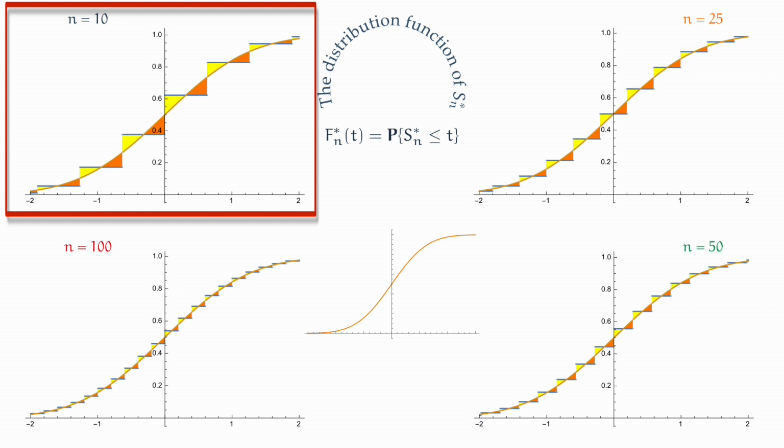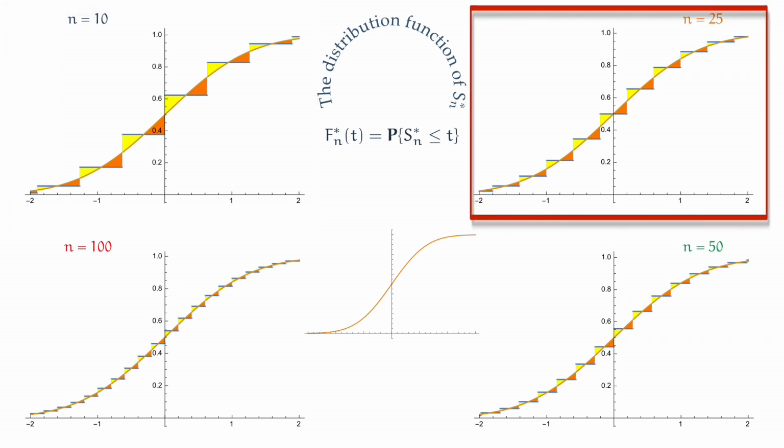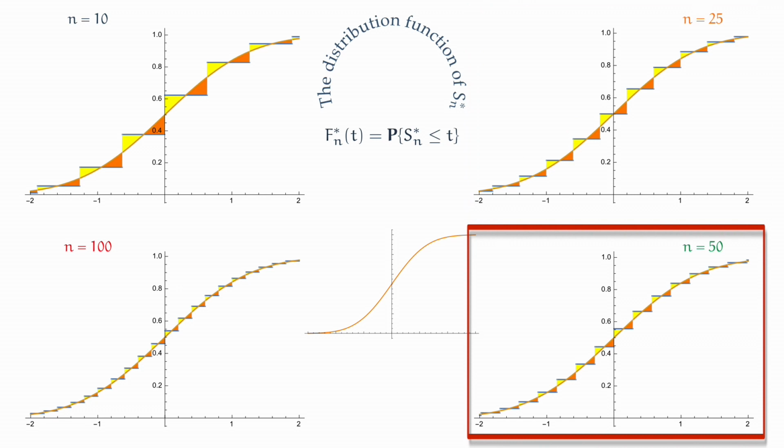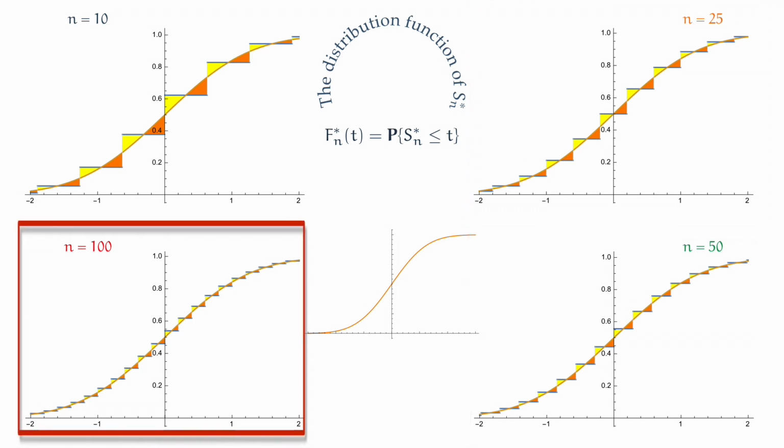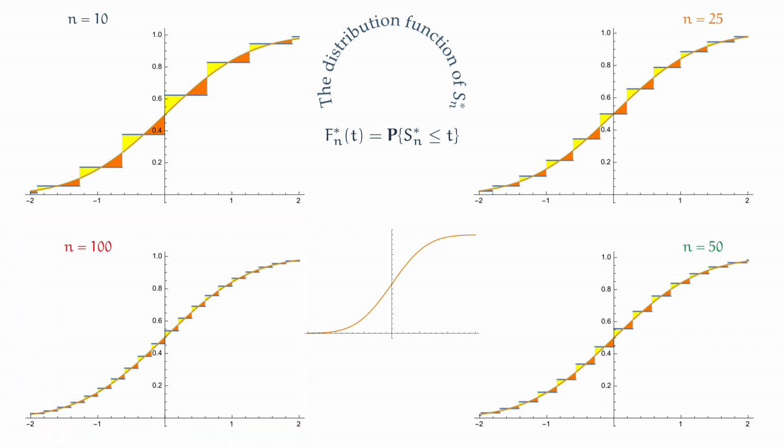Already you see that it is very close everywhere to the probabilities for the standardized binomial. As n increases, the fit gets better and better, and at n equals 100, the fit is quite remarkably good.